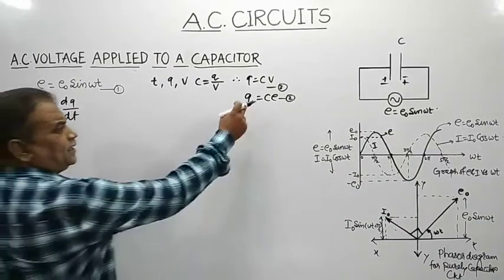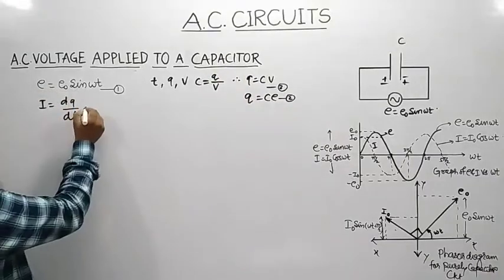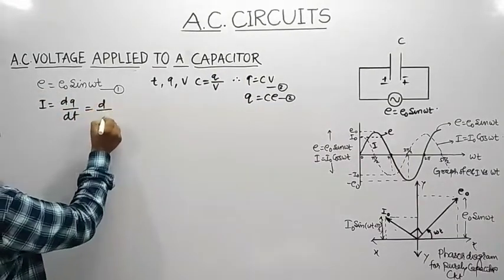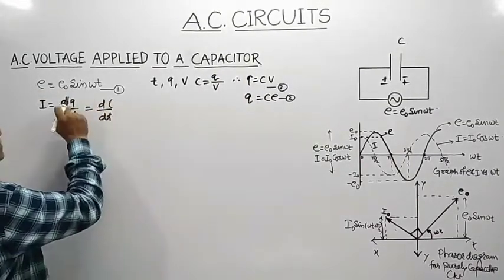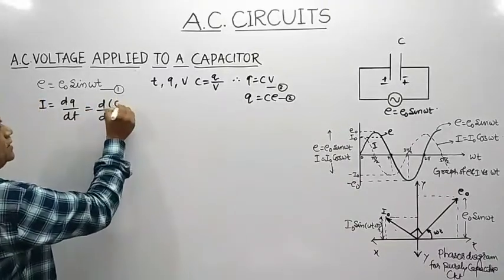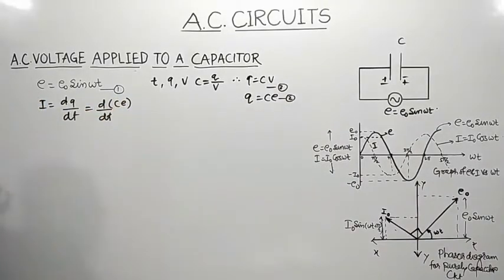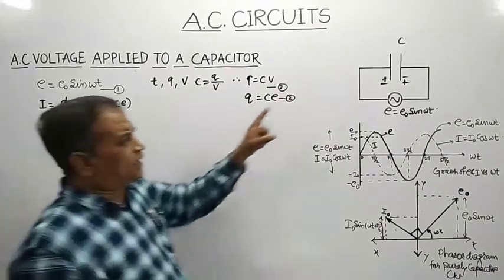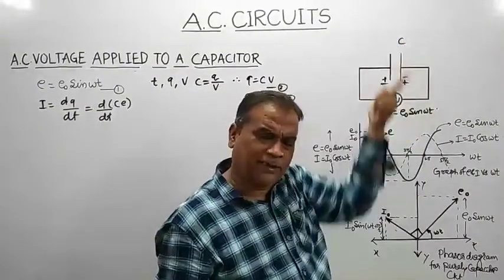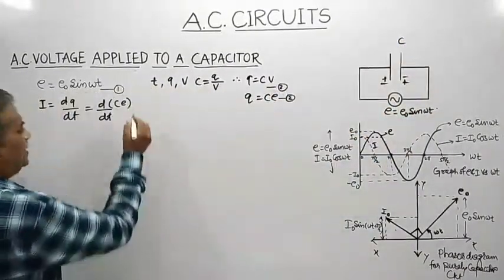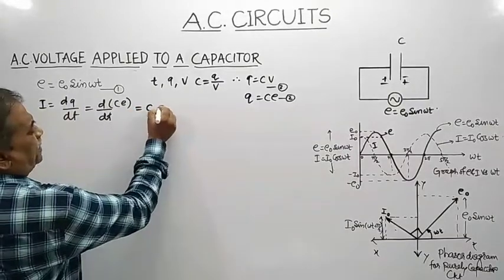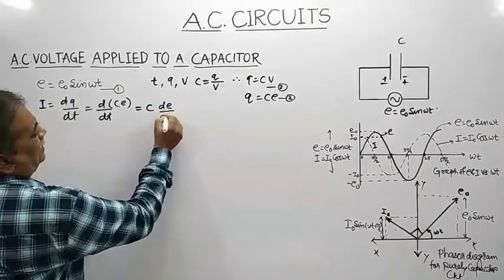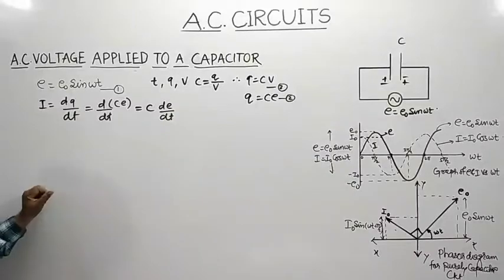Since Q is equal to C into E, this is d by dt of C into E. C is the capacity of the condenser, which is constant, so it can be taken outside the differentiation, and we have C into dE by dt.